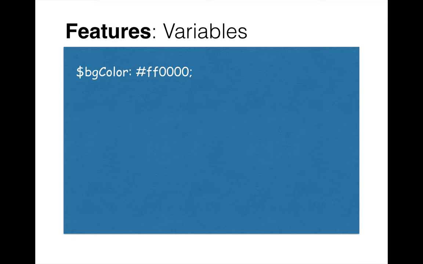Once you have these values saved in a variable, you can use it in your statements in the Sass file. For instance, here a box will get a background color of red because the BG color contains a red color.